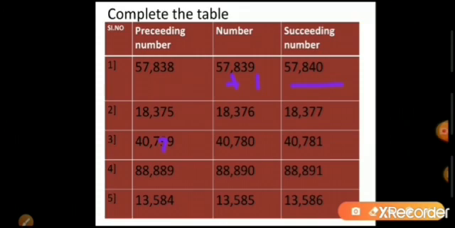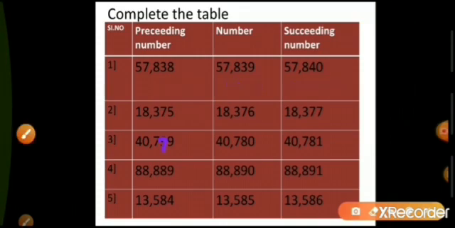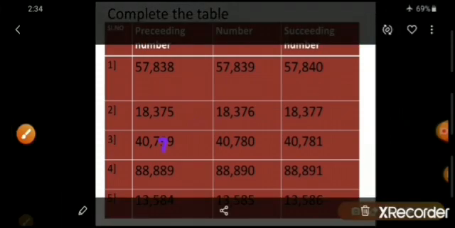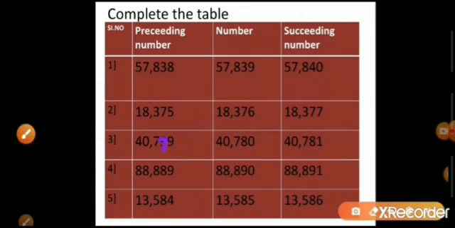This is the succeeding number. See the second one, the second number is 18,376. From that number we subtract 1, then we get 18,375. To that number we add 1, then we get 18,377. So this is the succeeding of 18,376.